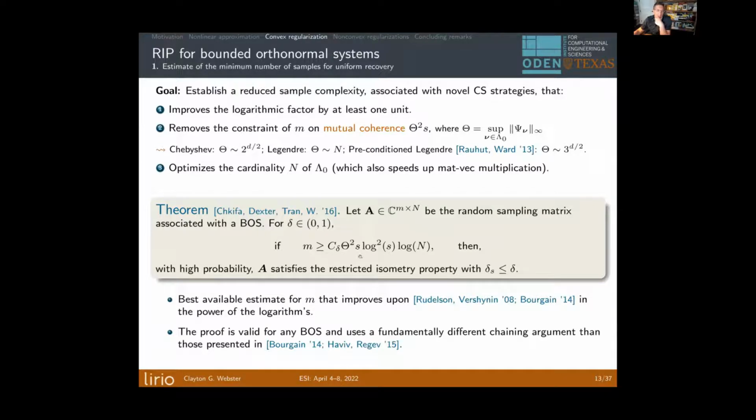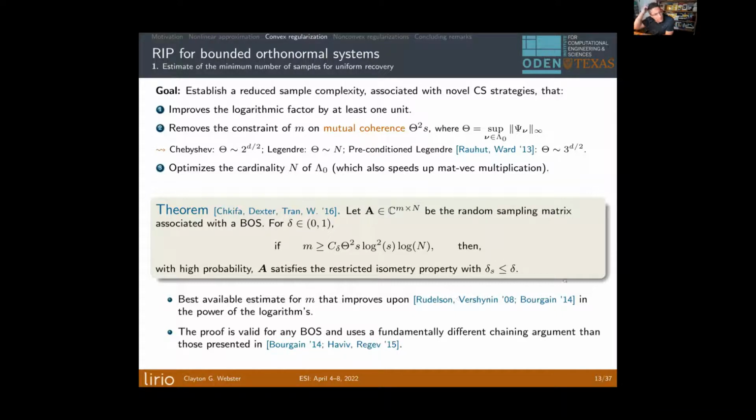This is the improvement of the log factor, but you're still fighting a log factor in the cardinality of that set. But anyways, the point is that with M samples, at least of this order, then with high probability, I can guarantee the RIP is true for some delta S less than delta.